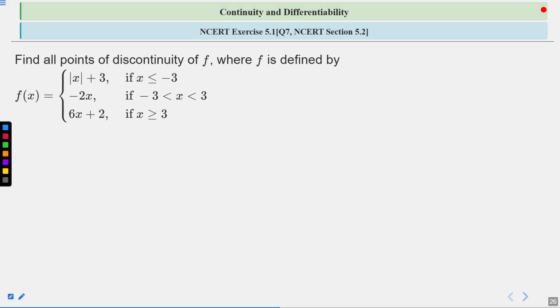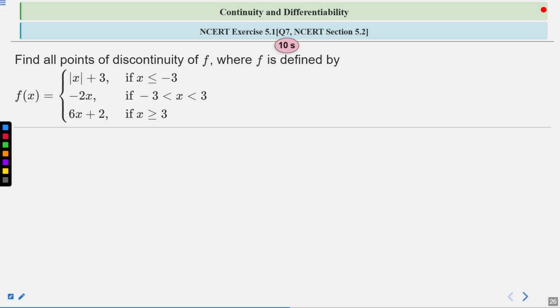If the limit as x tends to negative 3 minus is equal to the limit as x tends to negative 3 plus, and equal to the function value f(x) at x equal to negative 3 as well as 3, then we can say that the function is continuous at x equal to negative 3 as well as 3. Similarly, if all three values are not equal, then the function is discontinuous at that particular point. So in this way, you can approach this question.